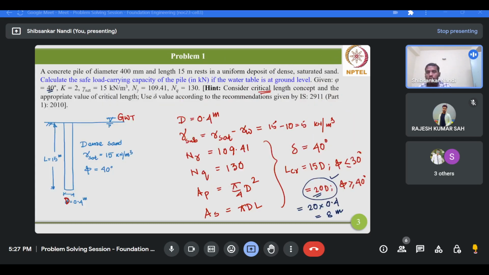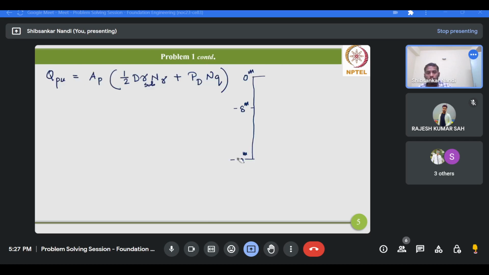The length of the pile is not 20, the length of the pile is basically 15. Now the effective overburden pressure will follow a linear variation, since you have a uniform deposit, and the water table is located at the ground surface.